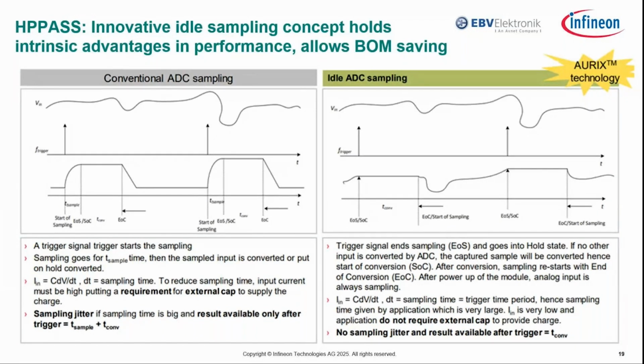This allows sampling at a high frequency without jitter on the sampled signal. Additionally, there is no need for an external capacitor. As shown by the two graphs on the screen, idle sampling provides the most accurate representation of the real signal, like an analog signal reading, the real one.